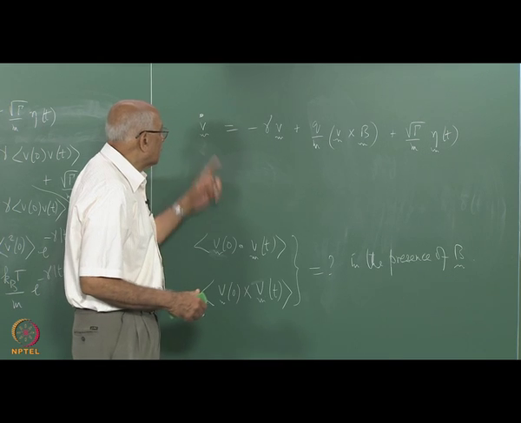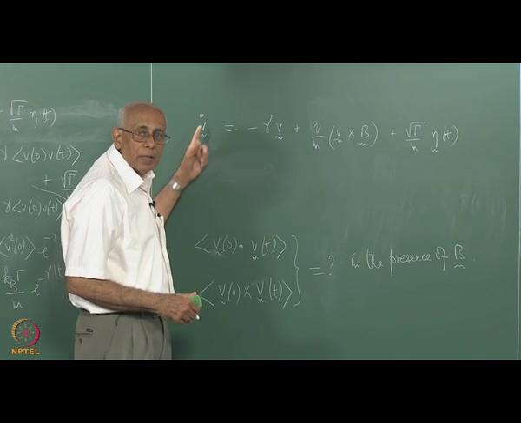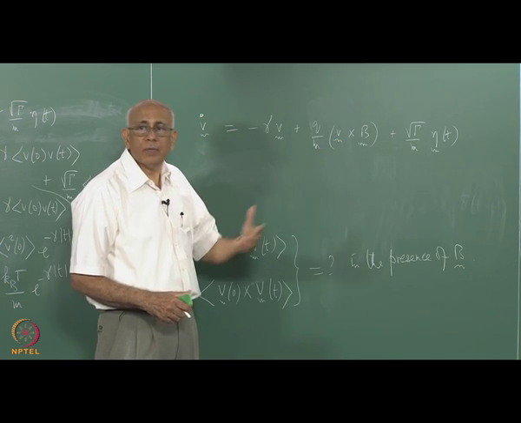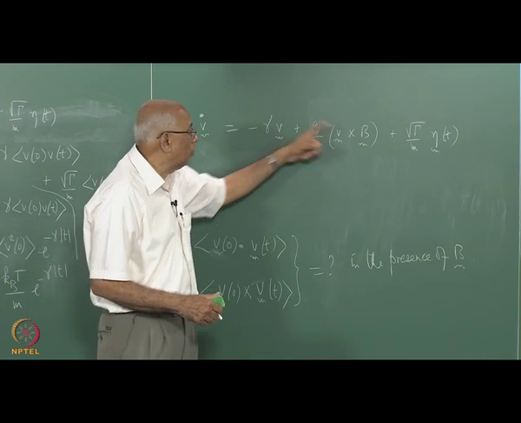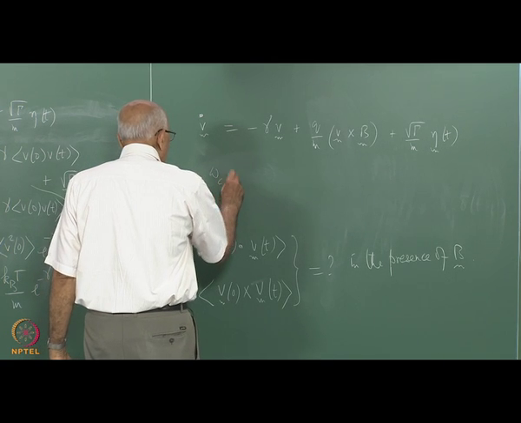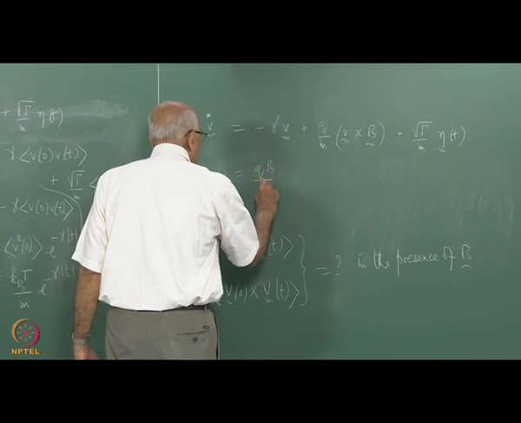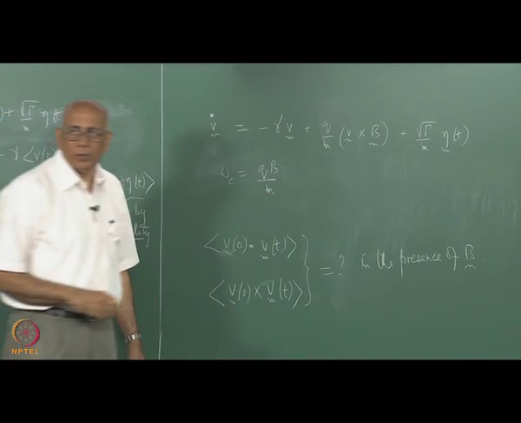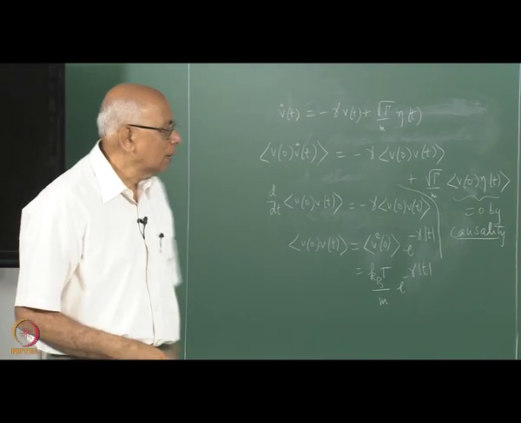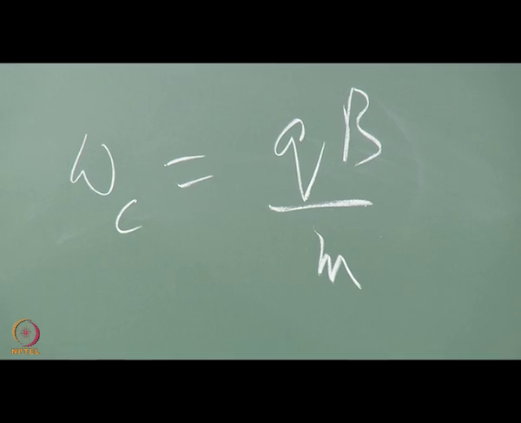So there is a time scale here, this is v dot, so there is a 1 over t here times the velocity, there is a velocity here already. So it is clear that whatever is of inverse time scale must be qB over m, right? So that is the cyclotron frequency, just from dimensional arguments. Turns out to be exactly that, the numerical factor is 1.